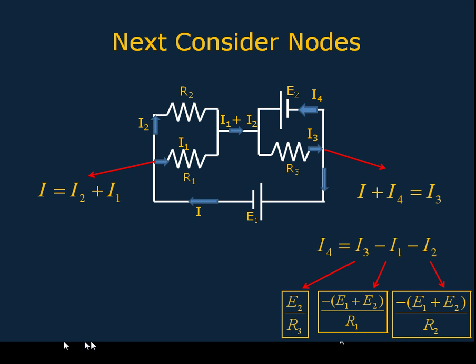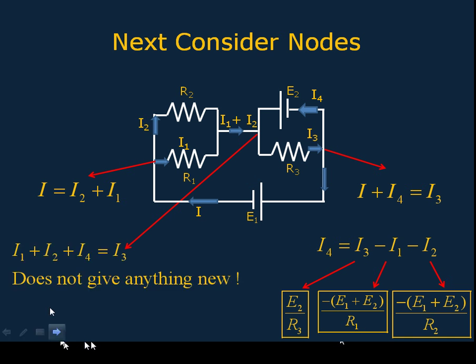Now, there are more nodes again, and one could write the equation at this node, for example, and you'll see immediately that this does not give us anything new because it's the same equation as this one, which we determined by combining the two equations at these two nodes. So there is redundancy in the problem, and one just has to ignore it.